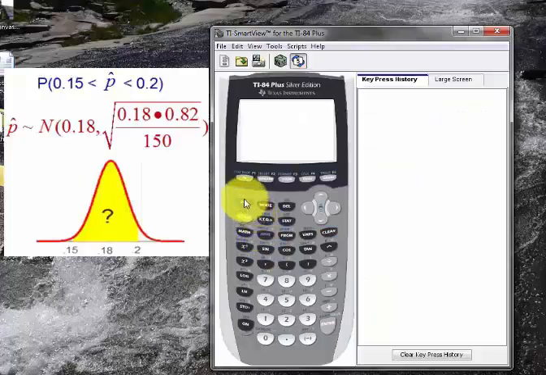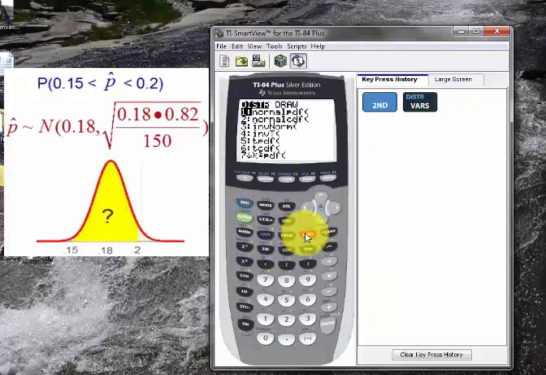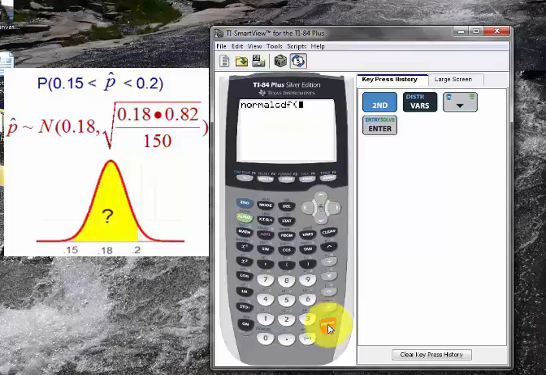Okay, so I go to second distribution, and then I go to normal CDF, hit enter. Our low was 0.15. Our high is 0.20 or 0.2.